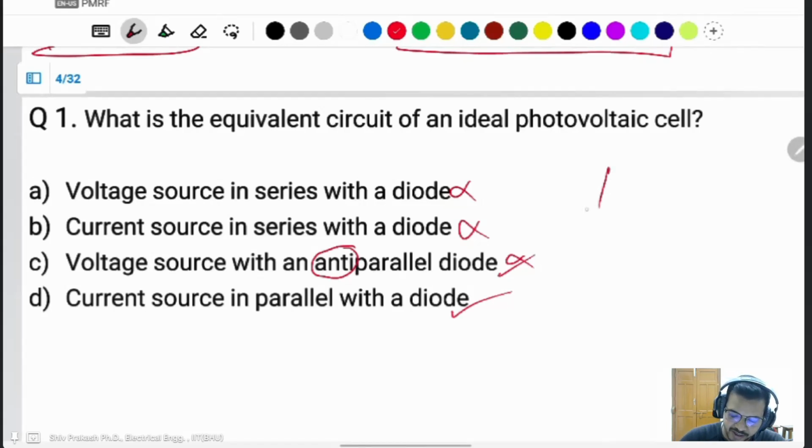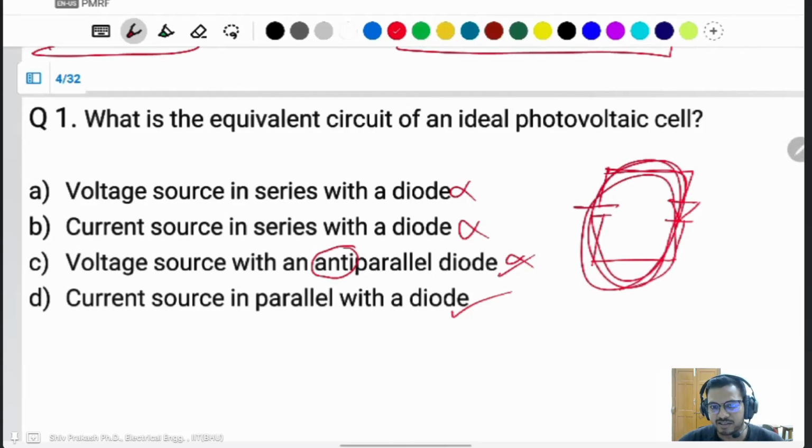It will be a voltage source and a diode connected in parallel. Can I connect this one? Never. No. It will be short circuited. If this voltage increases beyond the blocking voltage of this one at any time, then it will be short circuited.